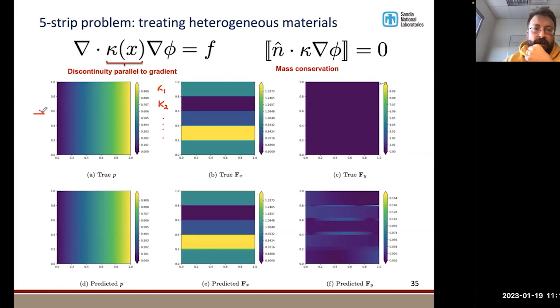And you're imposing a unit pressure drop across the whole thing. By mass conservation in the boundary between the strips, the jump in the flux has to be equal to 0. It has to hand off the correct amount of flux from one subdomain to another. Basically what this benchmark is showing is that it discovers these strips on its own. We don't tell it where the strips are, we just tell it here's a pressure field. And then it pulls out, oh, these are physically interpretable strips where the conductivity is different and so on.